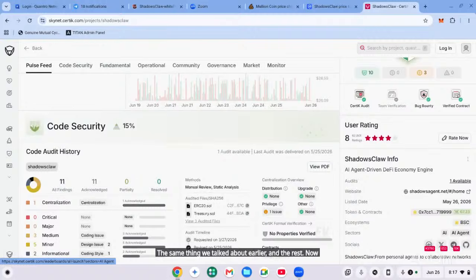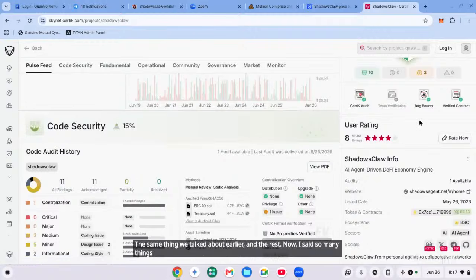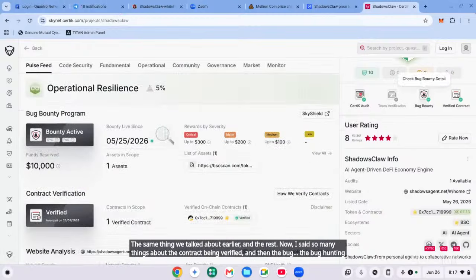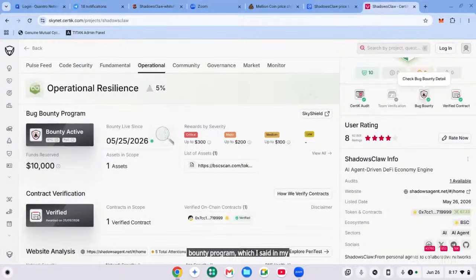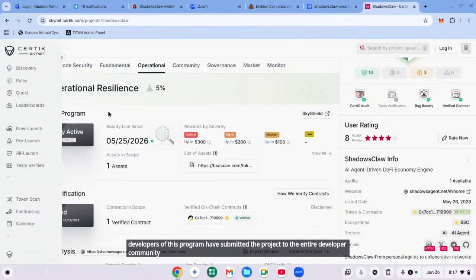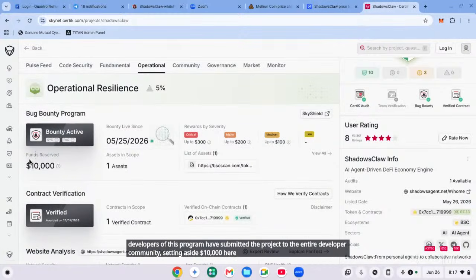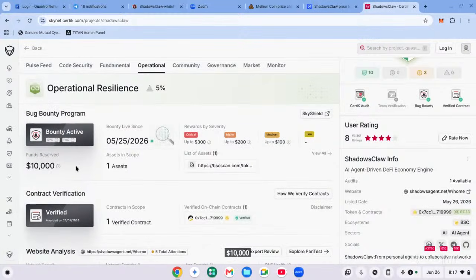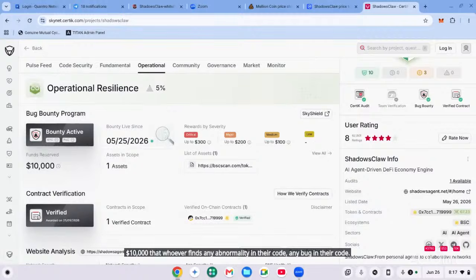Now, I said so many things about the contract being verified, and then the bug hunting bounty program, which I said in my absence while talking to myself, that the developers of this project have submitted it to the entire developer community, setting aside $10,000, that whoever finds any abnormality in their code, any bug in their code, would be rewarded with the $10,000.